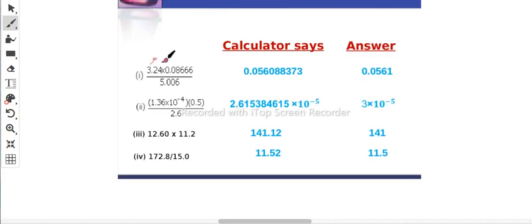Start counting now the number of significant figures, not decimal places. So this is a 3, and this is considered as 4. Make sure that you know how to count the zeros and to know whether they are counted or not. So refer back to the rules that were discussed previously. So this is 4. So your smaller number of significant figures is 3.